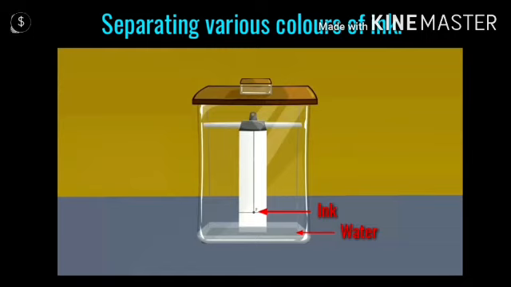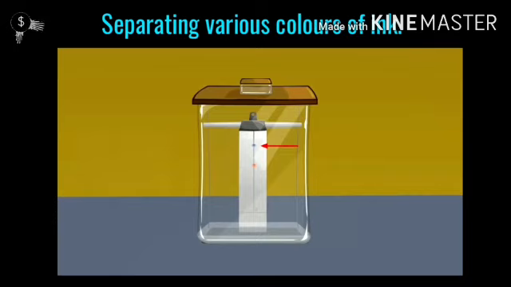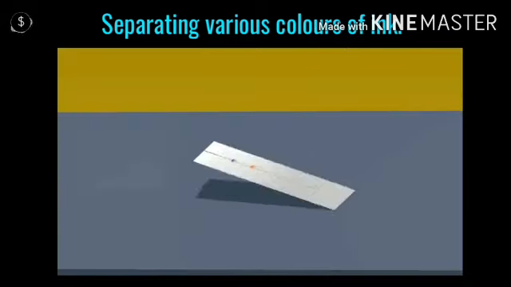It means a drop of ink is kept over the mark and then you immerse the paper in the water, but the water should not touch the ink or mark. After some time you see that, as it is blotting paper, the water rises up, and when the water rises, the different colors of the ink separate at different places according to their solubility.